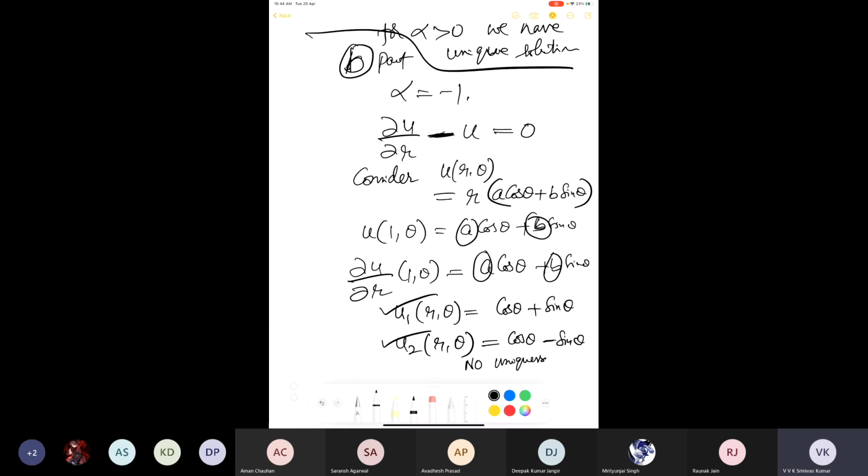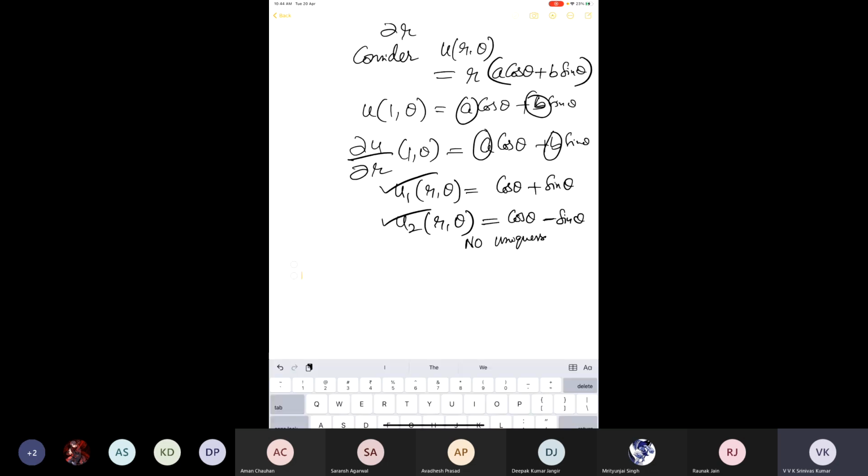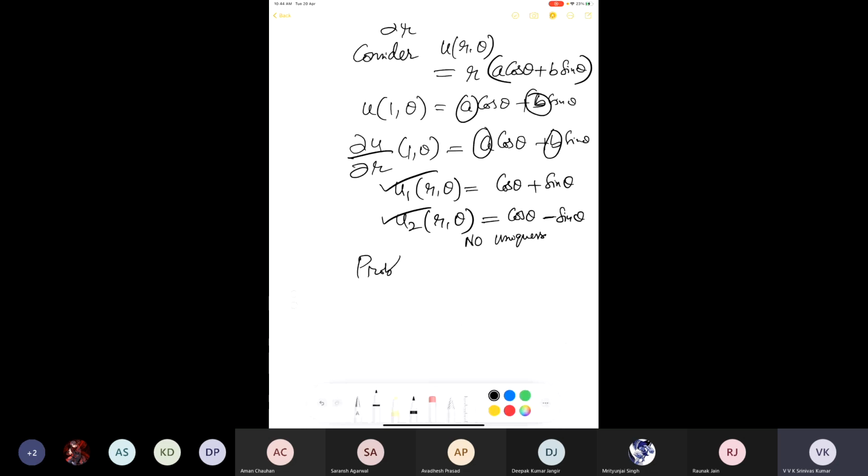So now we go to the next problem, problem 3. Again, instead of the Laplace equation, we are given Laplacian of u equal to q of x times u, where q of x is a non-negative function, q of x greater than or equal to 0.